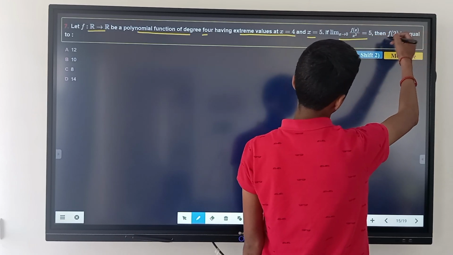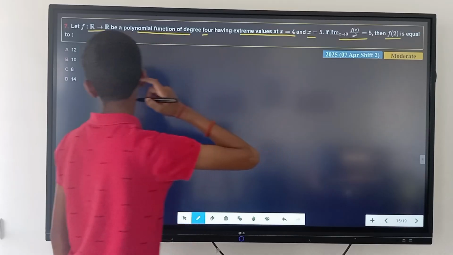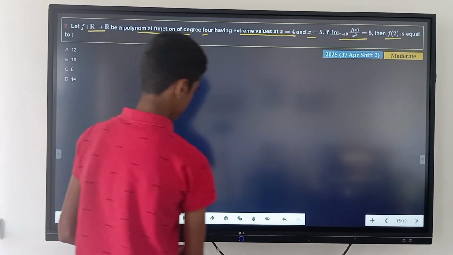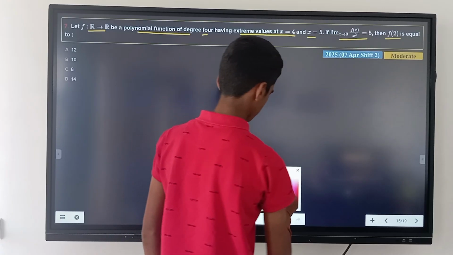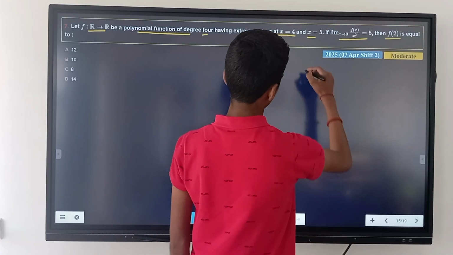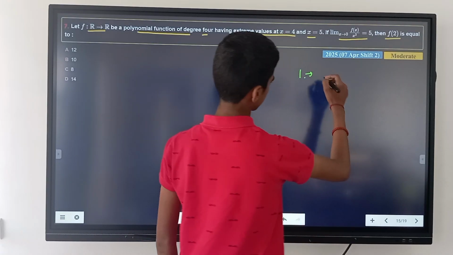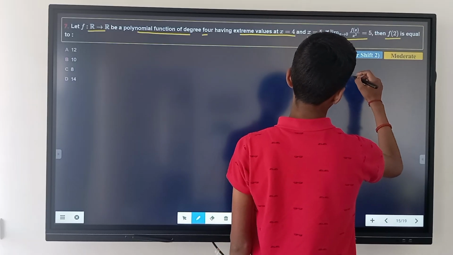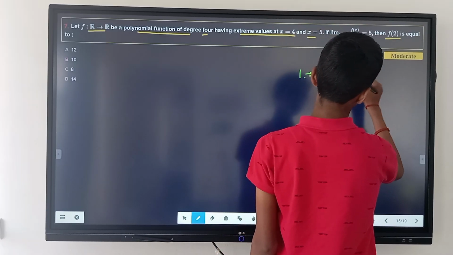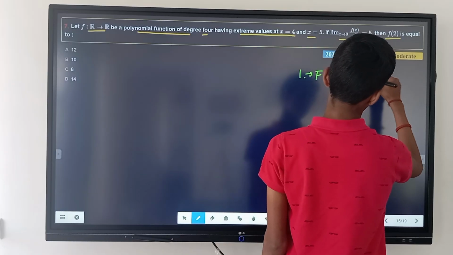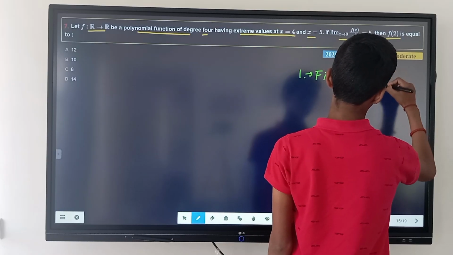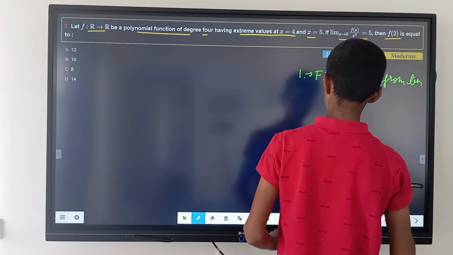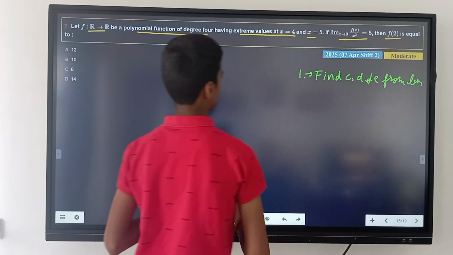Then f of 2 is equal to what? So in this question, the first step will be to find C, D and E from the limit. C, D and E are the coefficients.